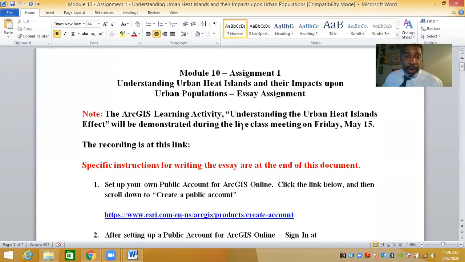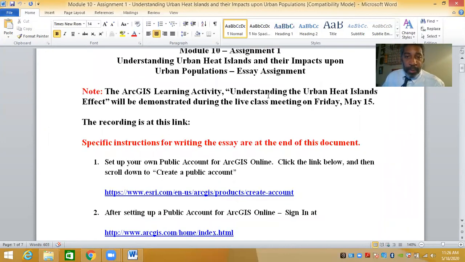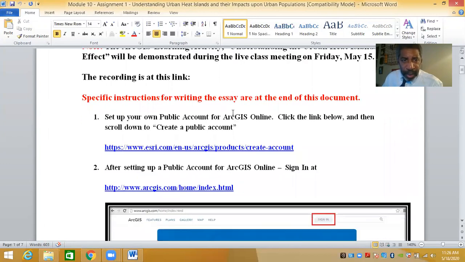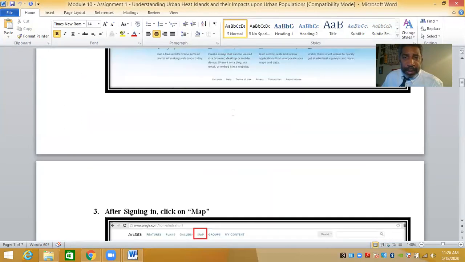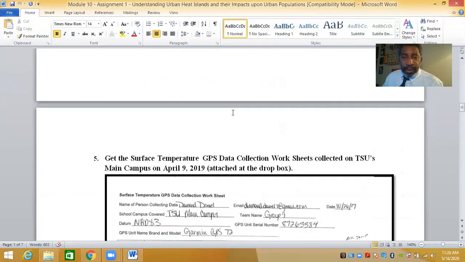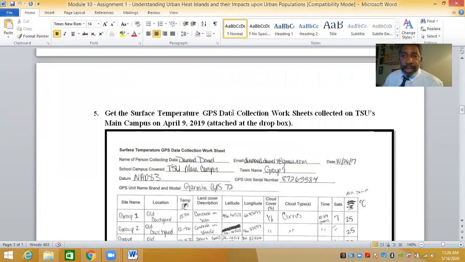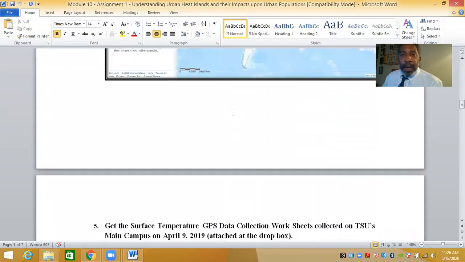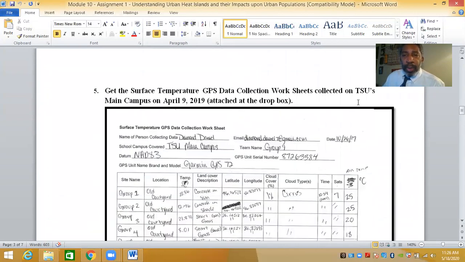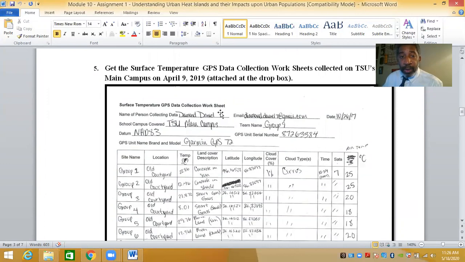So this first part of the assignment, I'm going to demonstrate for you. And that includes getting an ArcGIS Online account. Again, there is a data collection sheet that we would have filled out had we gone outside. We would have gone and filled out these various portions of the data collection sheet.